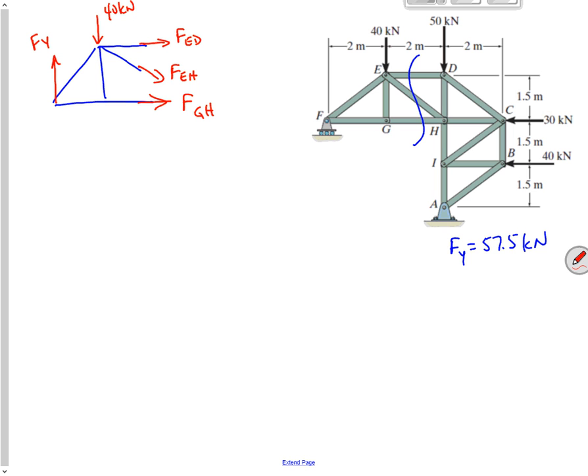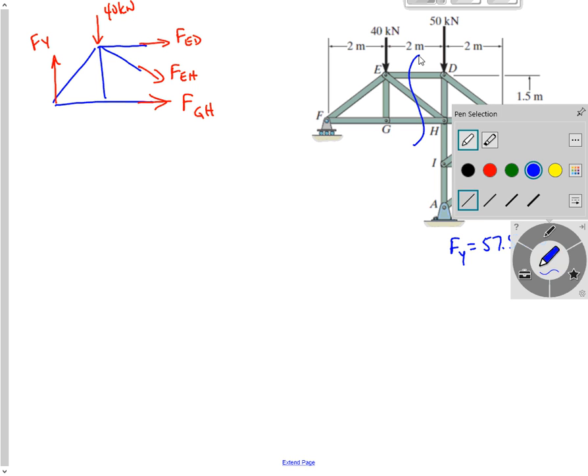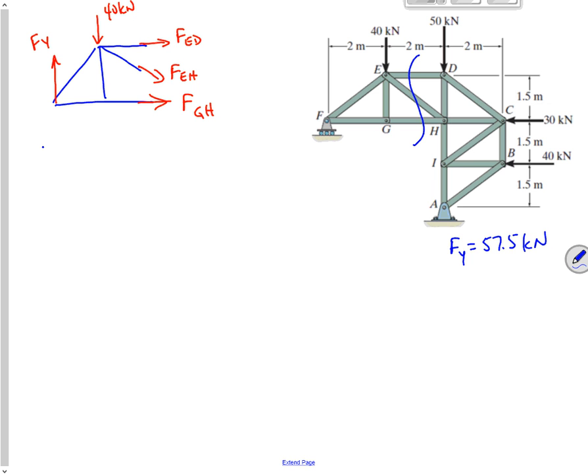So I want to choose one of my conditions of equilibrium that only has one unknown in it. So I'm going to choose to calculate the sum of the moments about E equals 0. This is point E. And you notice that two of those unknown forces pass through that point.